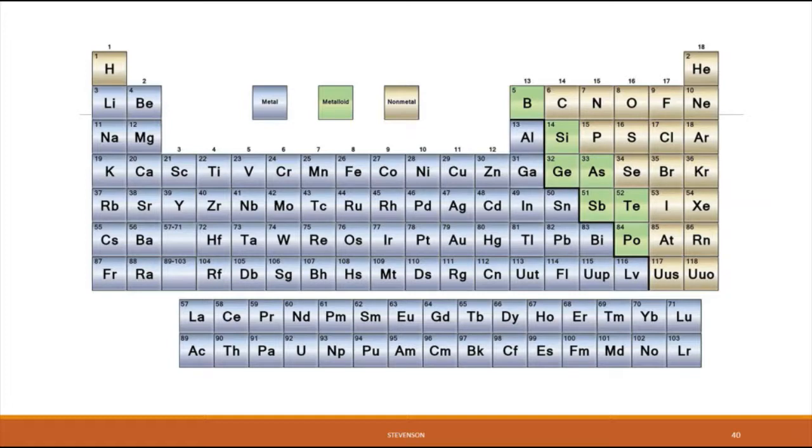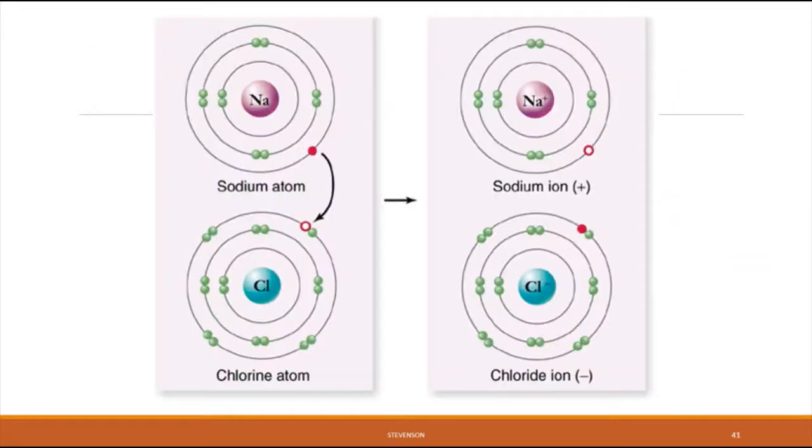So ionic bonds form between something that is in the metal category of the periodic table and something that is in the non-metal category of the periodic table. Let's take a look at that example that we saw on the previous slide. So here we had an ionic bond forming between an atom of sodium, which is in fact a metal, and an atom of chlorine, which is not a metal.